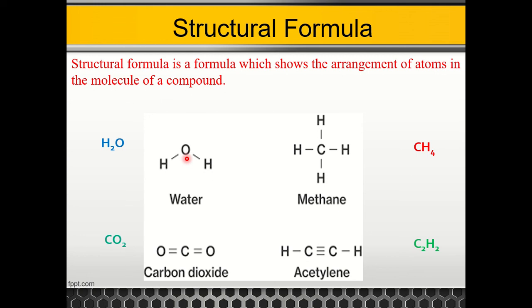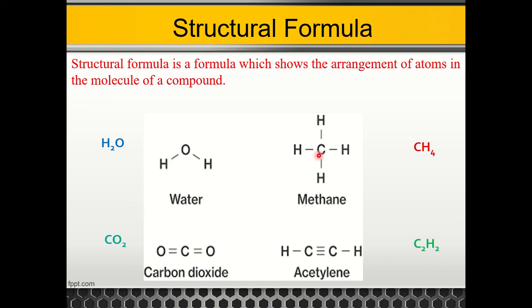We know the valency of oxygen is 2, so it has 2 hands, and by showing these 2 hands, you have to write the structural formula. And hydrogen is monovalent, so hydrogen has only 1 hand.